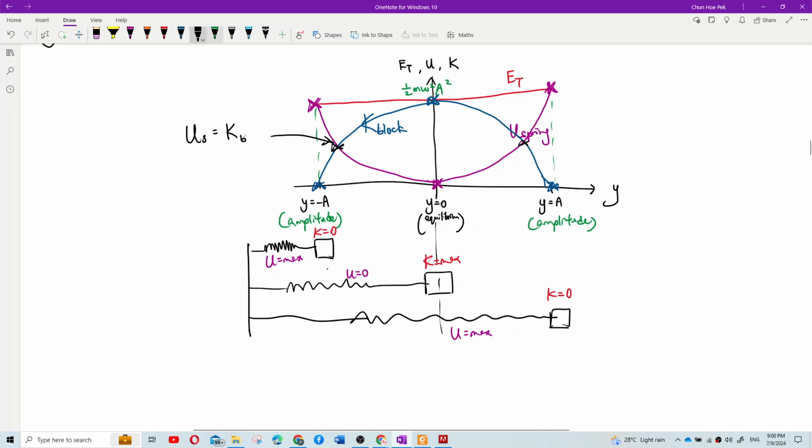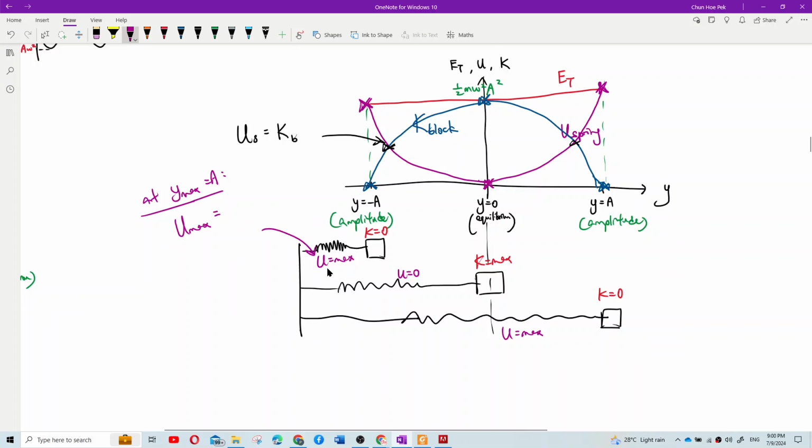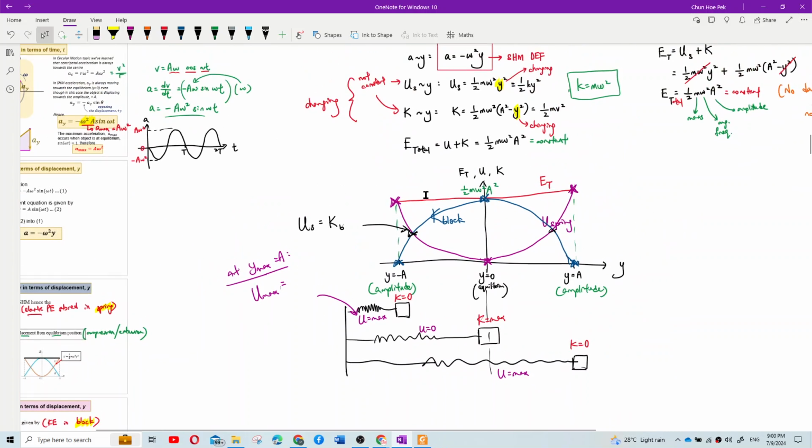When y is at maximum, at the amplitude, U is maximum. What is the formula for U?